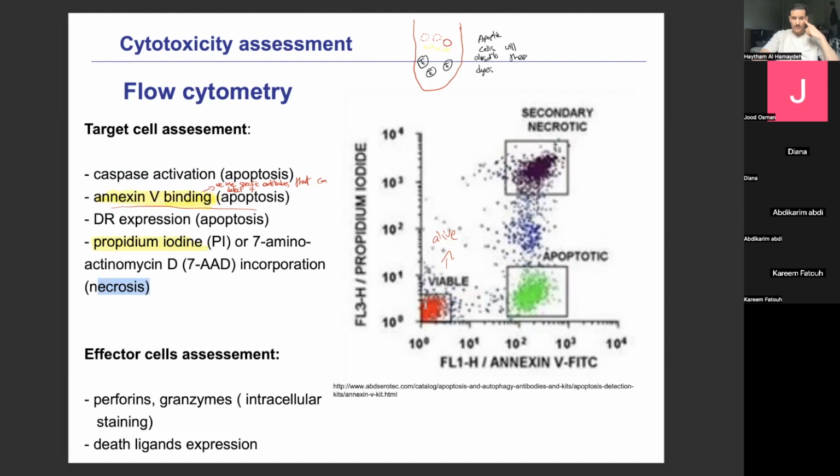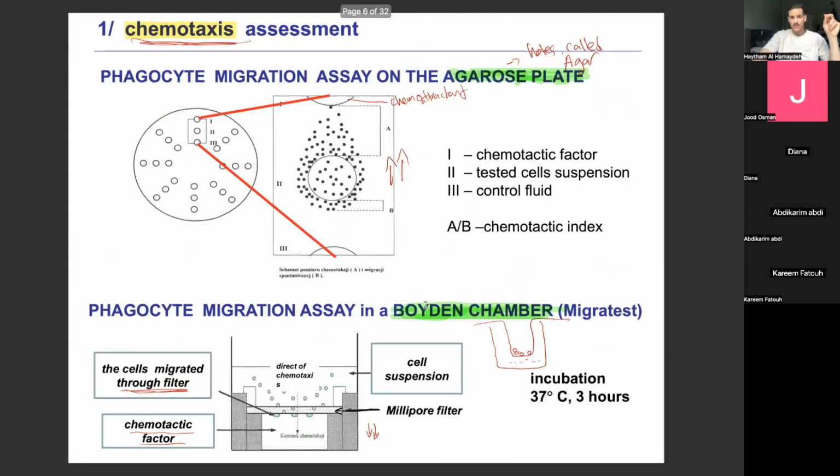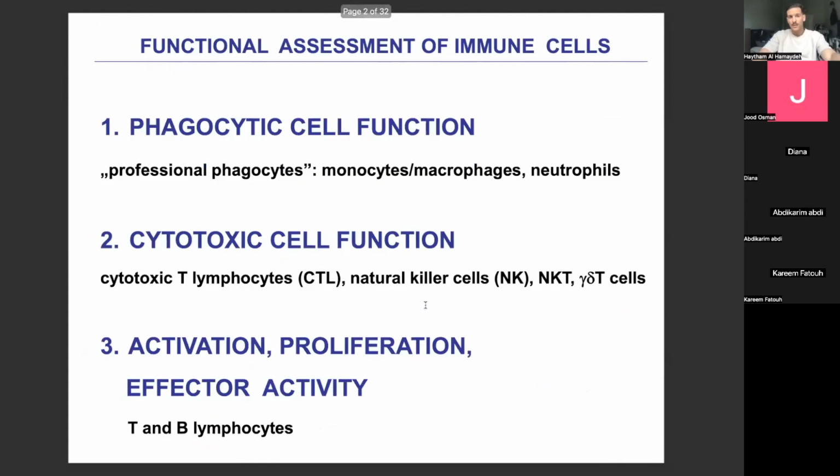Cytotoxicity, now we are done with cytotoxicity. So how many did we do? One was, again, going back, chemotaxis by agarose gel or Boyden chamber. Two, we test whether the cells are swallowing or not by labeling the bacteria with fluorescence.